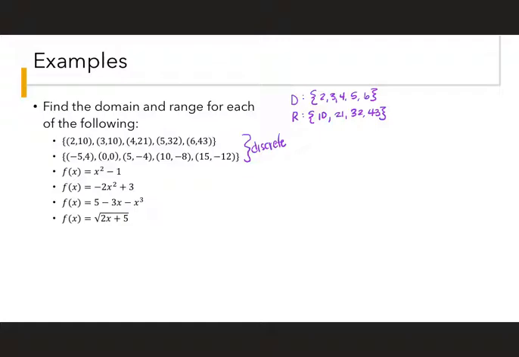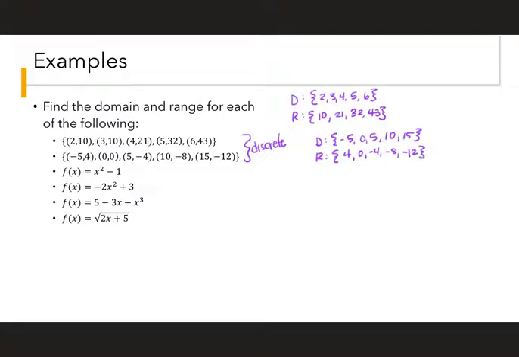For the next one, my domain would be -5, 0, 5, 10, and 15. My range would be 4, 0, -4, -8, and -12.